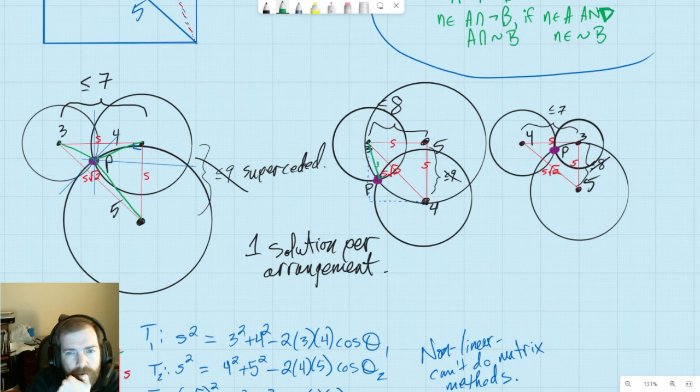This is still 3. This is still 5. And this is still 4. But now this creates a whole different set of angles.